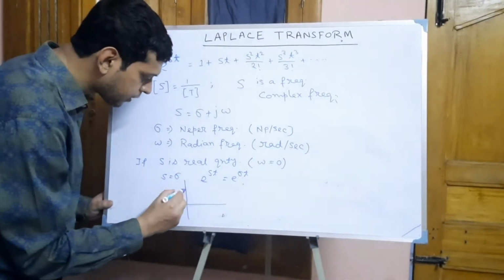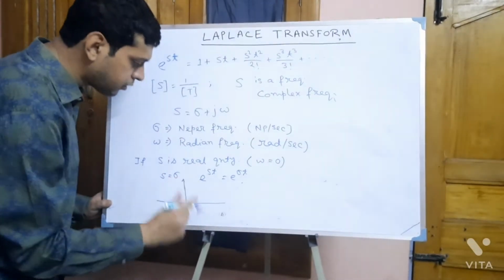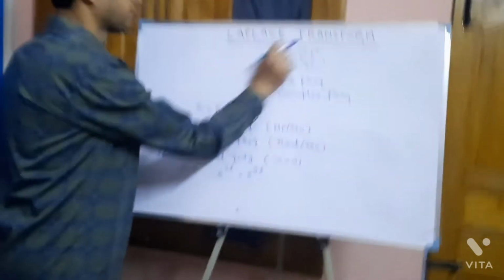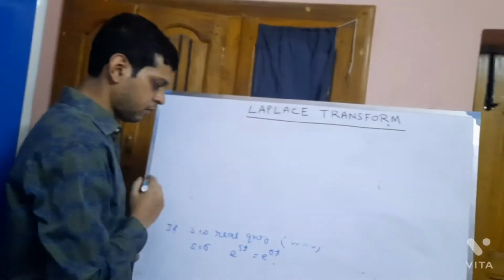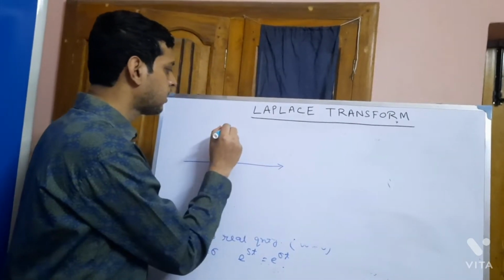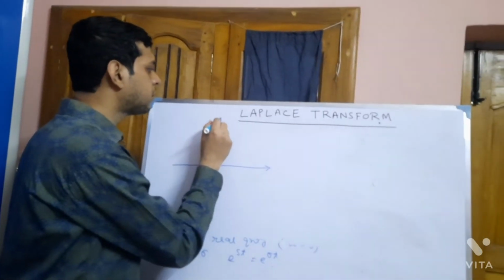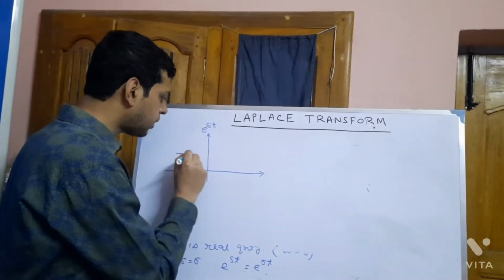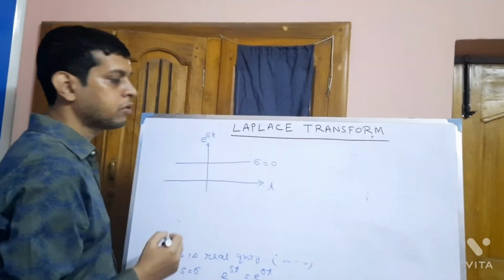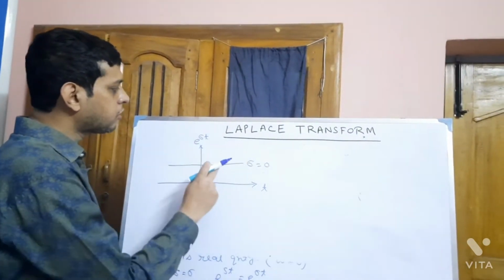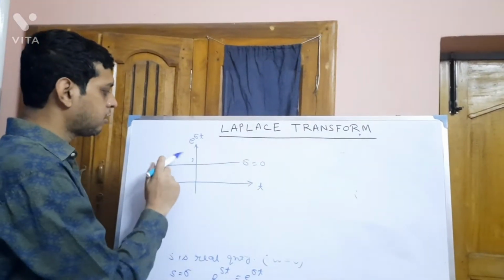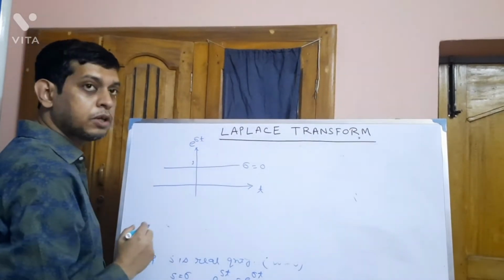When sigma is equal to 0, e to the power sigma t is equal to 1 always. So this is the graph of e to the power sigma t when sigma is equal to 0.